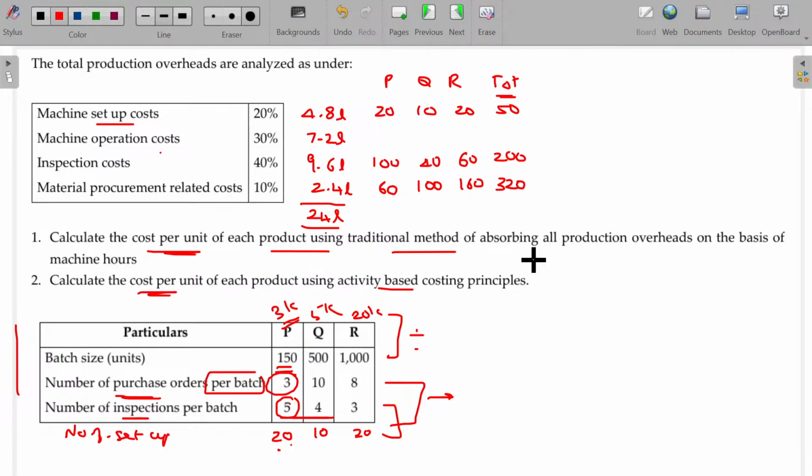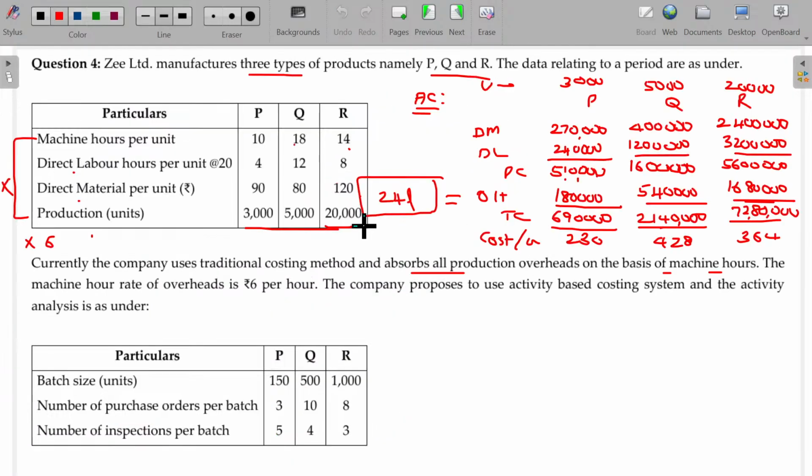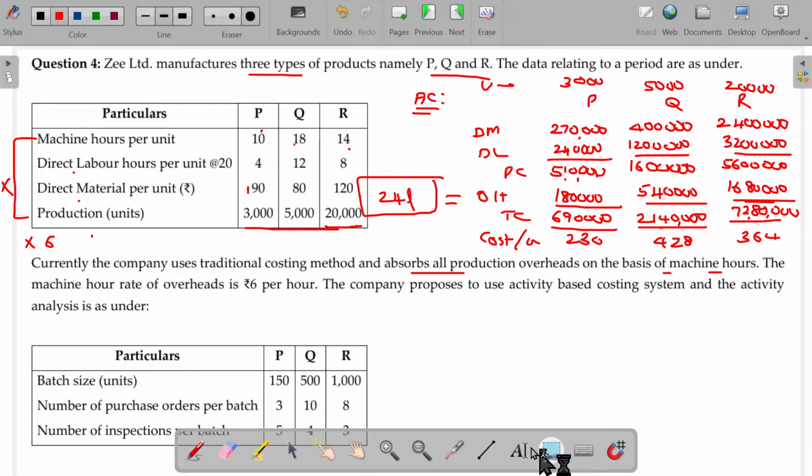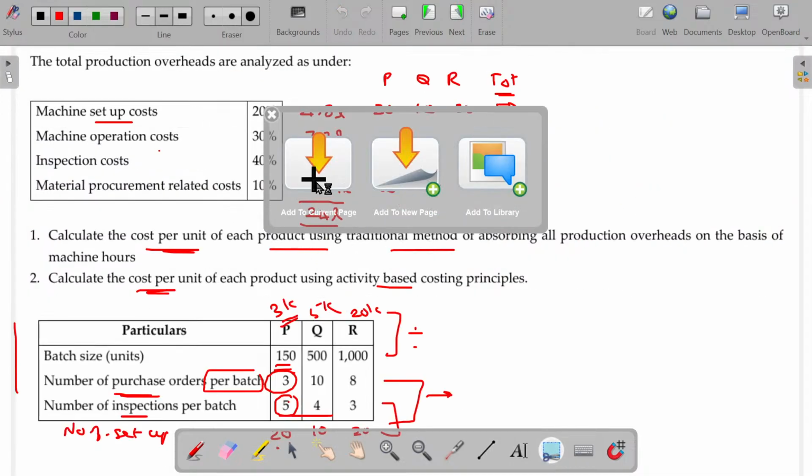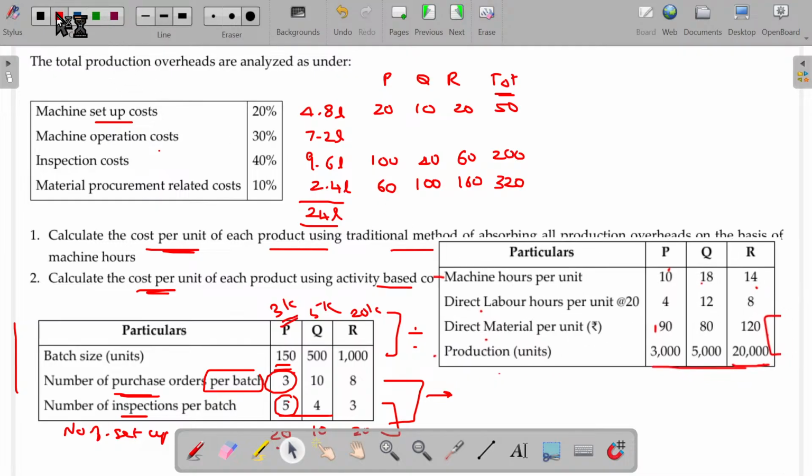Machine operation cost. Machine operation can usually be linked with machine hours. How many hours do you operate? Maybe we already calculated it. 3000 into 10: 10 hours required per unit, 3000 units.